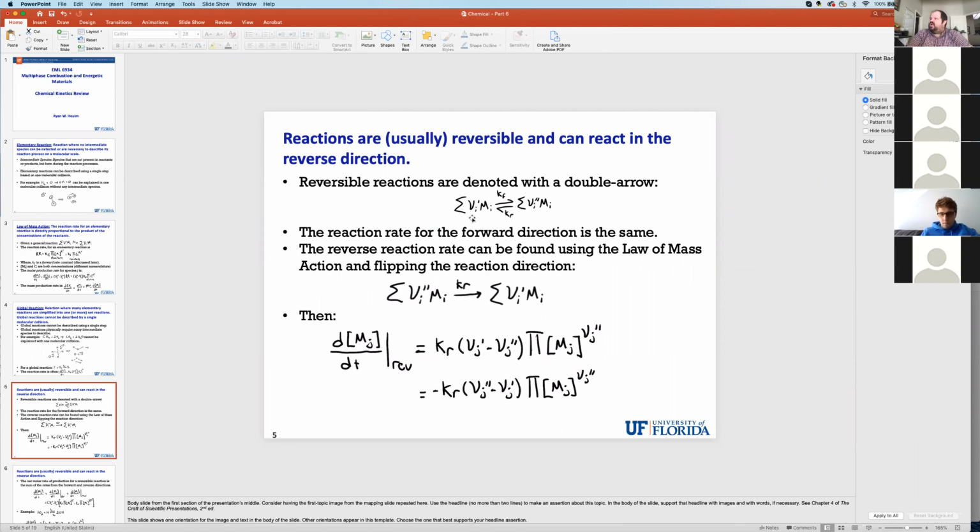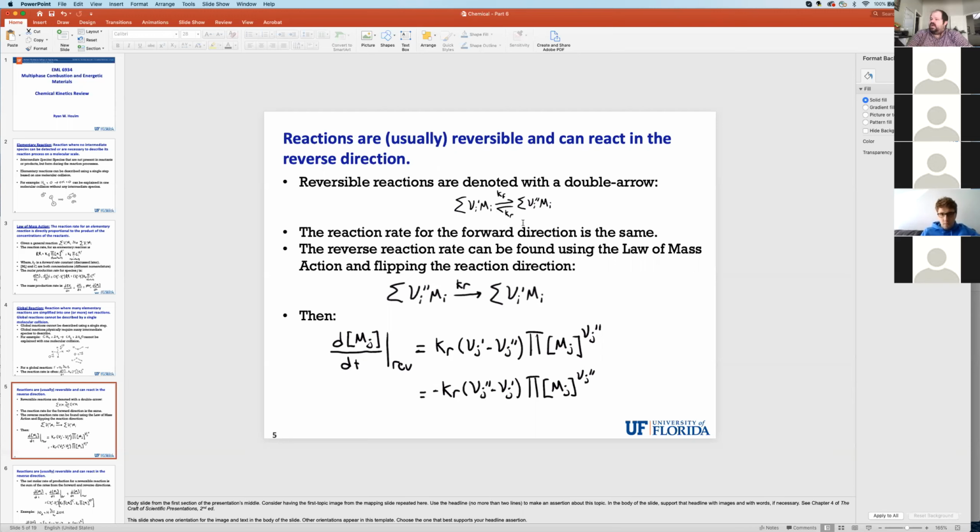And so you have nu I prime M_I goes forward at a rate constant kf, and it goes to nu I double prime moles of species I. And this reaction can also go backwards, so it can also go from the product side back to the reactant side, and the rate constant for that is kr.